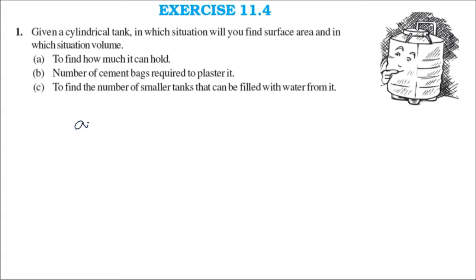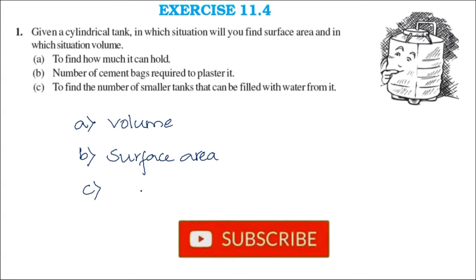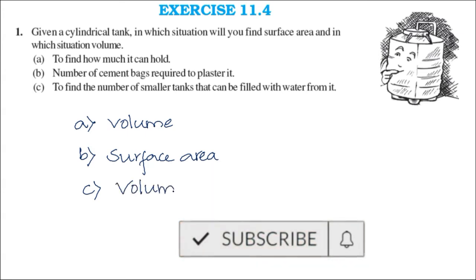It means that it is related to volume. In the second, the number of cement bags required to plaster it, it means we'll be finding the surface area. The third one, to find the number of smaller tanks that can be filled with water from it, is again related to capacity, which is nothing but the volume.